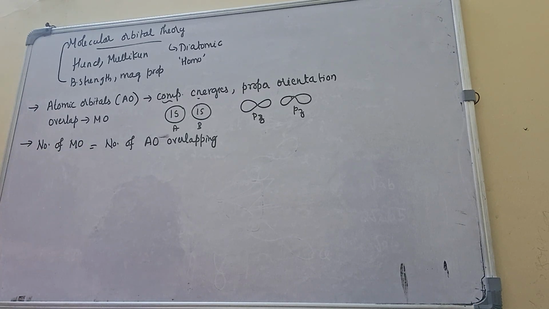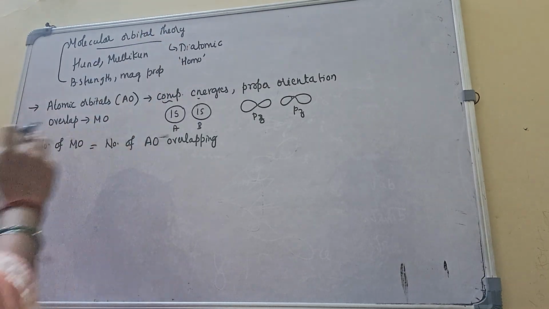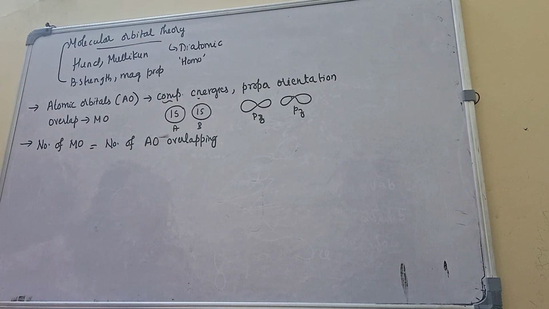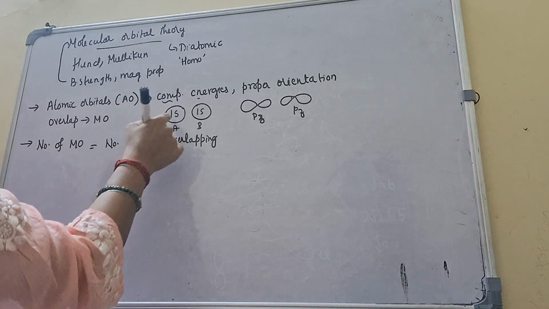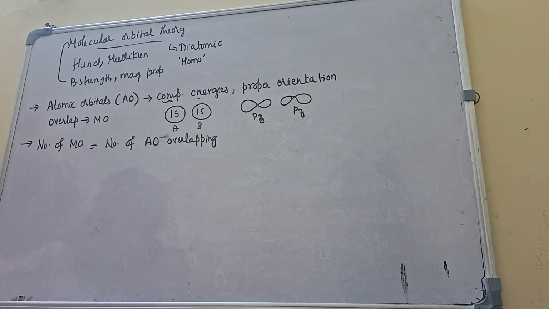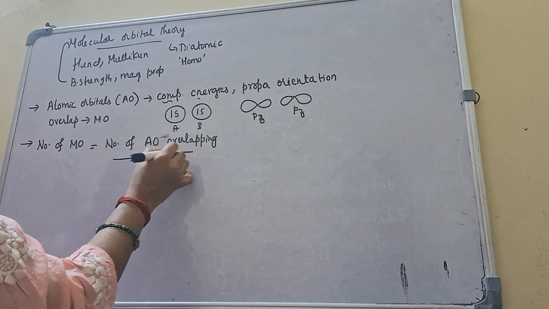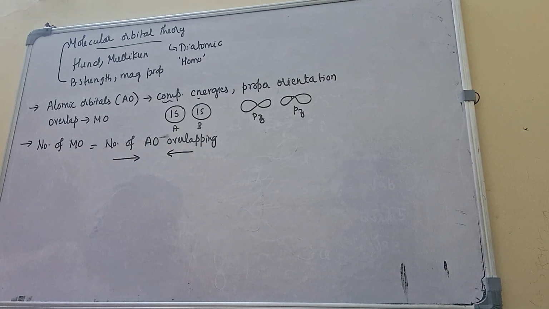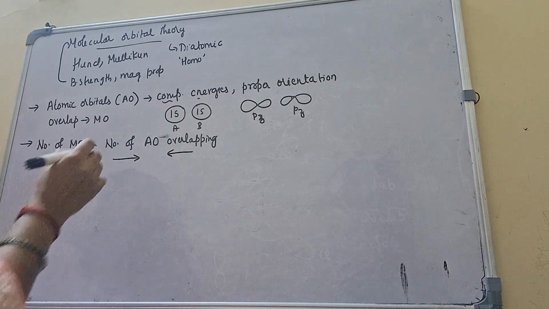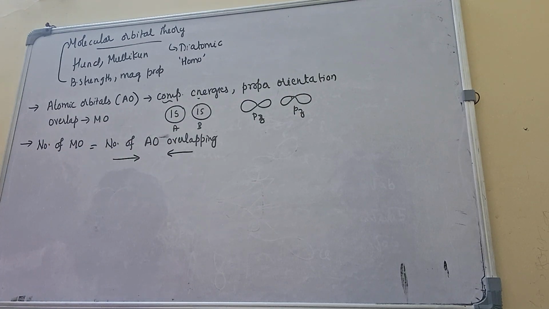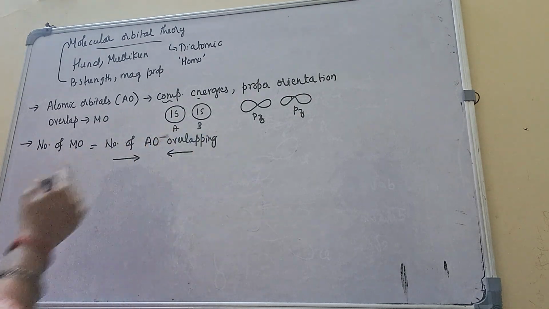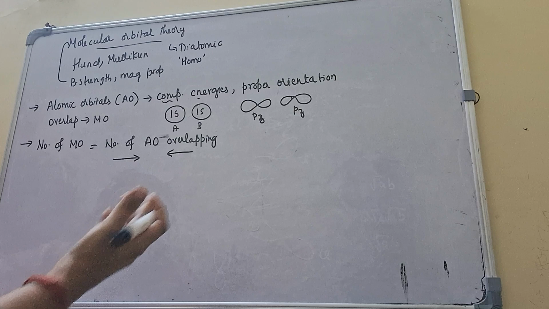So anyways, the total number of molecular orbitals formed is equal to the number of atomic orbitals, and in my case I told you it's only two. So if there are two atoms which are coming together, then how many molecular orbitals will be formed? Two. Visualize them as arrows. If you have seen Mahabharata, there is one arrow from the Krishna side and one from the Duryodhana side, whatever it is.